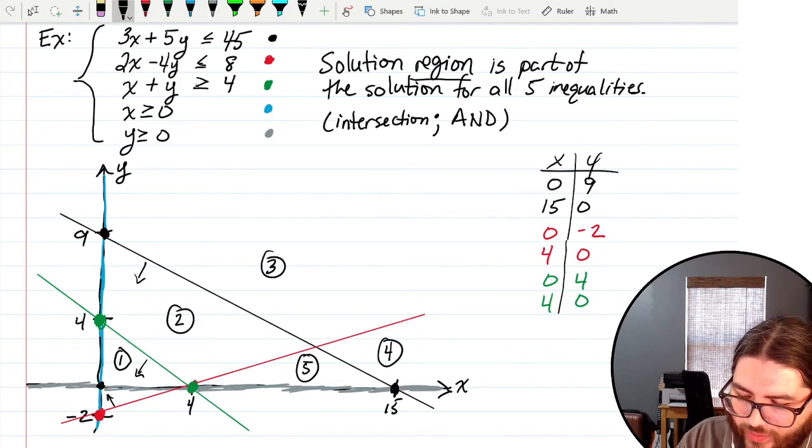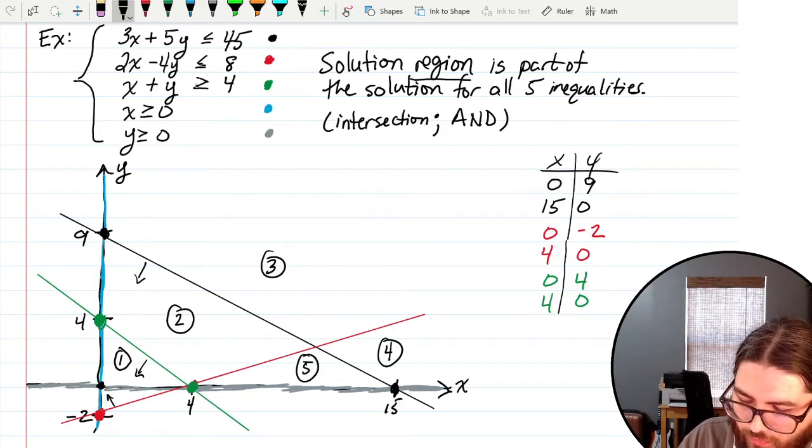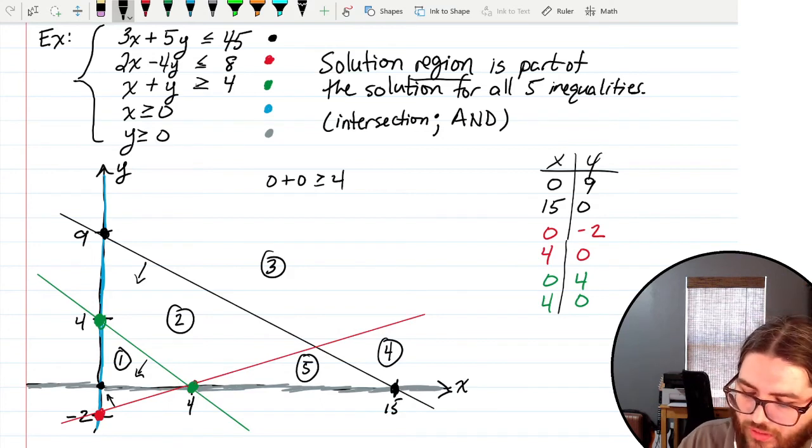So looking at the green line, 0 plus 0 is greater than 4. To show you what I plugged in, I plugged in 0 and 0. Is that true or false? It's false. 0 is greater than 4? No. That's false.